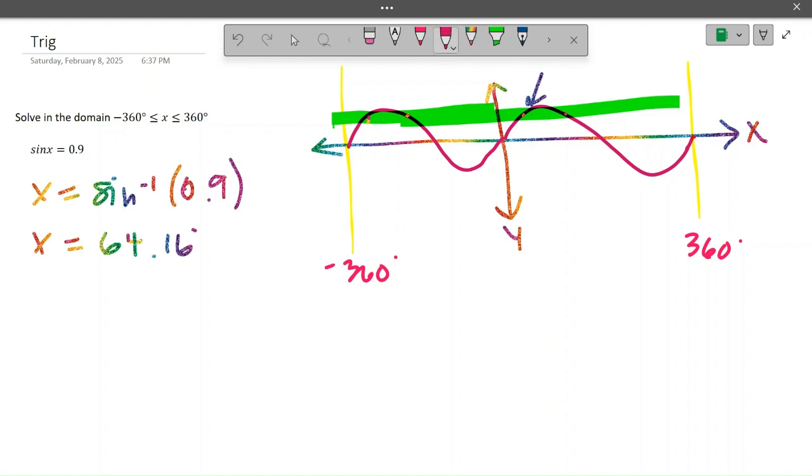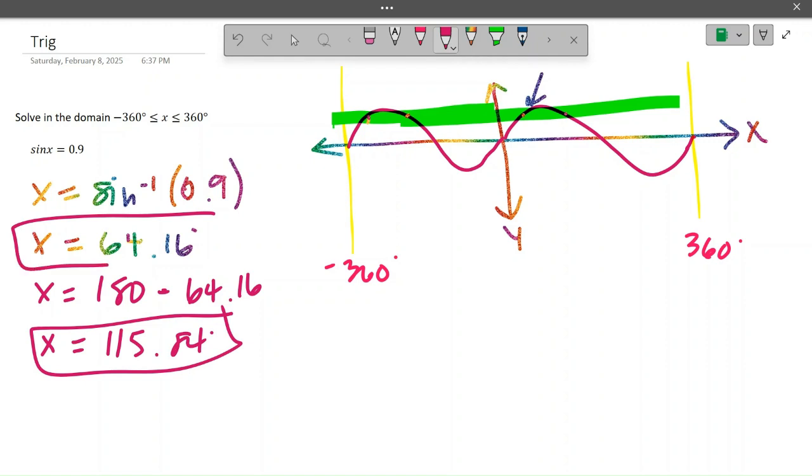I am going to go ahead and choose to apply my 180-degree rule. So I'm going to say x then equals 180 degrees minus 64.16 degrees. And when I do that, I get that x equals 115.84 degrees. So that is my other solution.